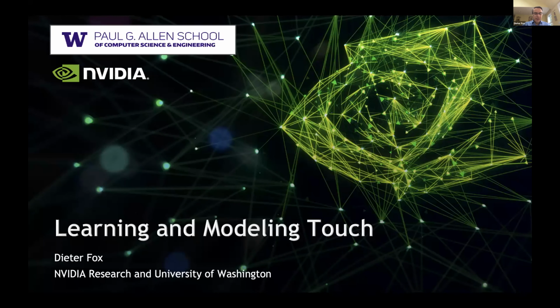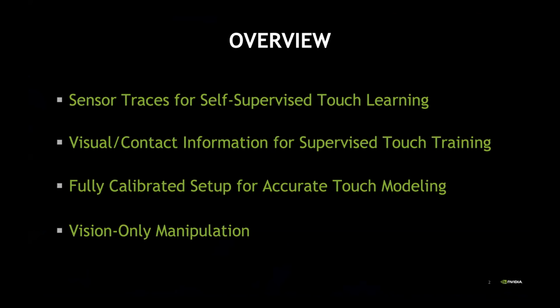So how I organized this was by what kind of data we collect in order to maybe learn a sensor model or calibrate a certain sensor model. The first very short section is about work where we're trying to learn something about touch sensors with a minimal amount of supervision, where we're just collecting sensor traces and then apply a framework called self-supervised learning in order to learn predictive models of touch sensing.